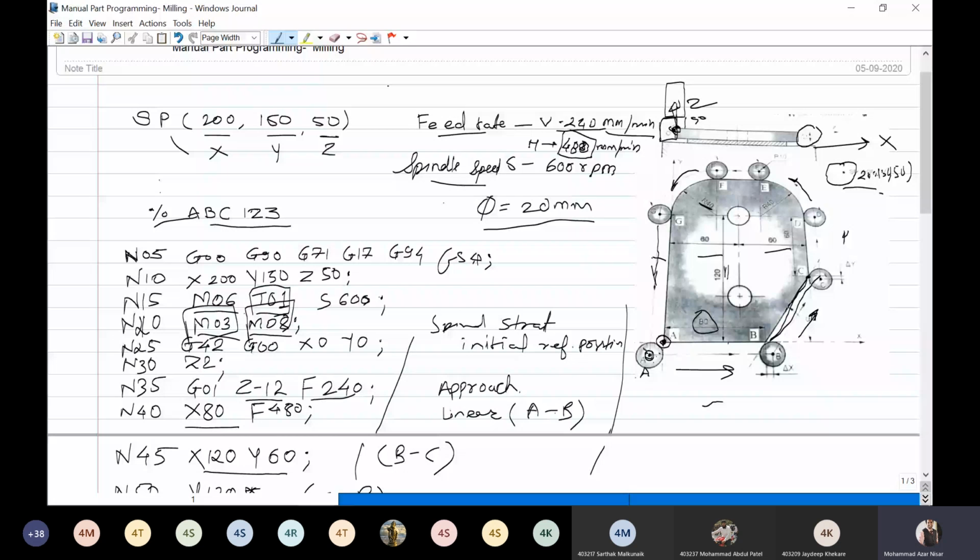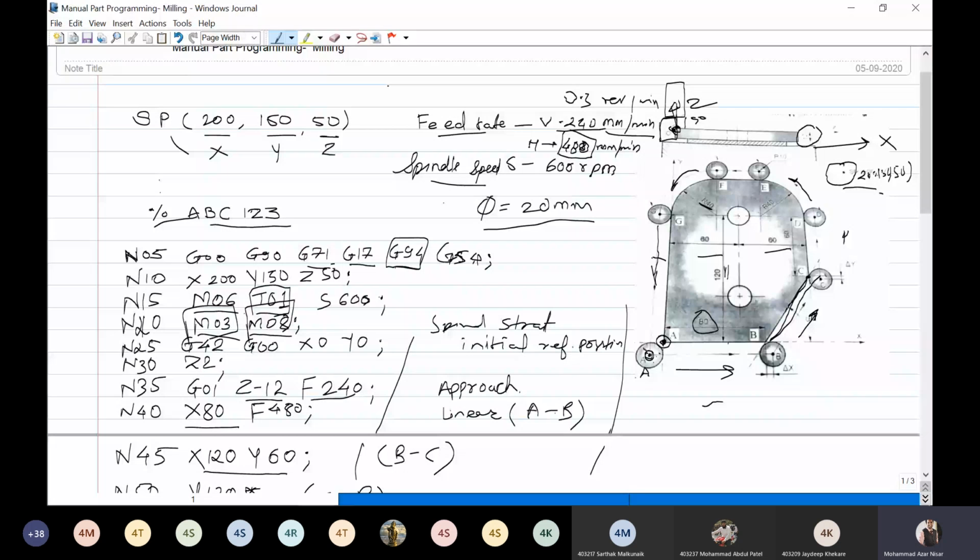If you use G54, it will take that workpiece as zero, so no offsetting is required if you have done this program previously. Then G90 is the absolute coordinate system, G71 is metric unit, G17 is the XY plane, and G94 is mm per minute. If the question gives feed in revolutions per minute, then instead of 94 you have to use 95.